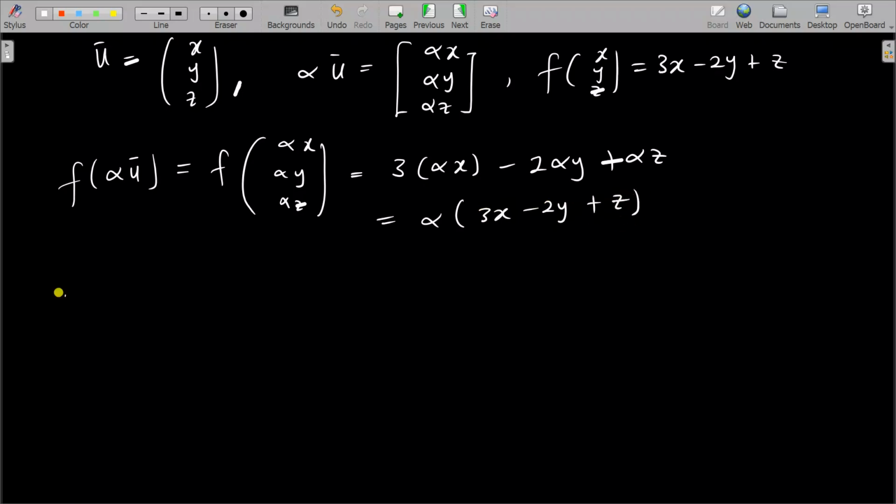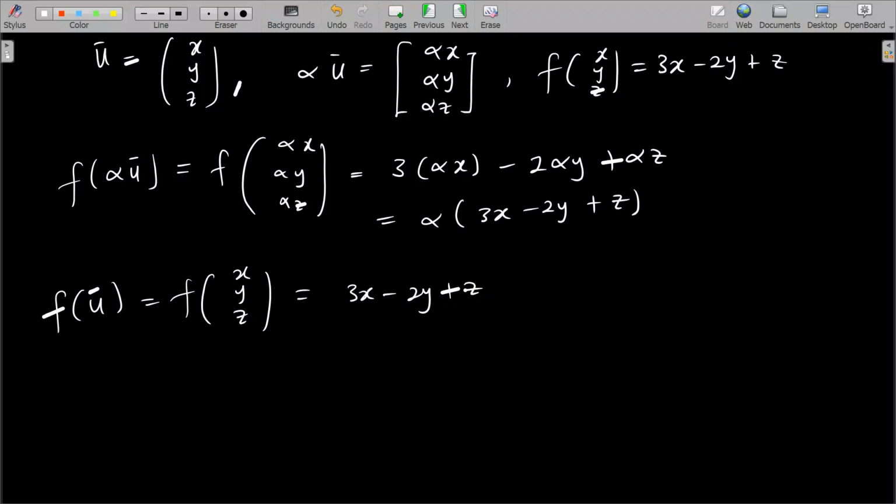But remember, what is f of u? F of u is the same thing as the transformation that was given. It's going to be 3x minus 2y plus z, right?